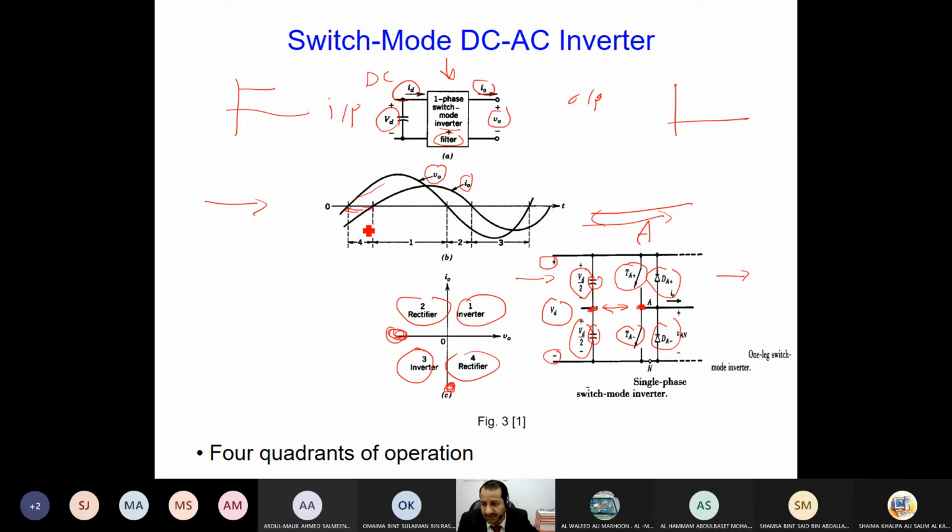Most of the time it is an inductive load, lagging. When current and voltage are positive, we are in quadrant 1. When voltage and current are negative, we are in quadrant 3. And when one of them is negative and one is positive, we are either in quadrant 4 or in quadrant 2.